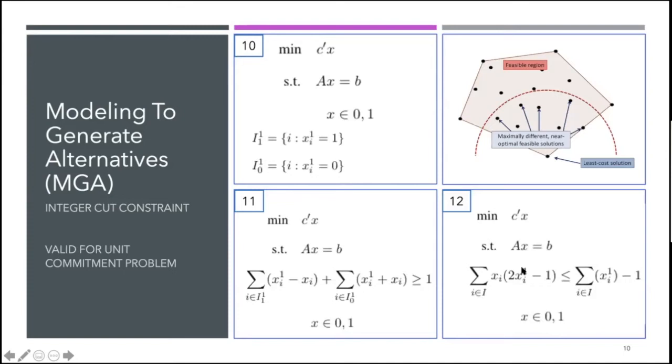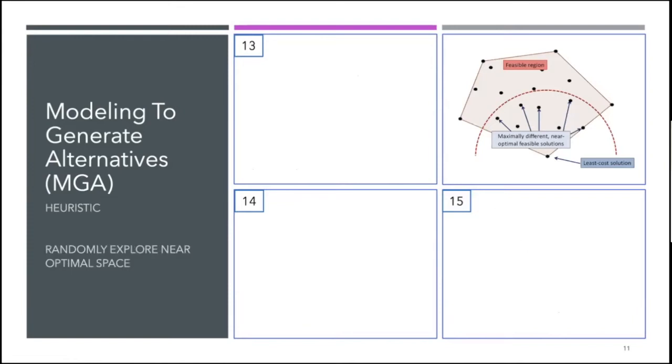Okay. So now all of these problems have some form of drawback. Either they are too computationally expensive, or they do not provide diverse enough solutions, right? So we move to the fourth formulation, which is the heuristic formulation. The idea behind this formulation is that, okay, we cannot use integer cut constraint, or we cannot push away from the existing solution.